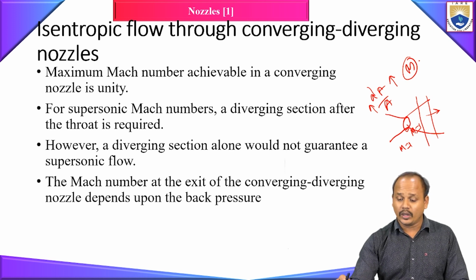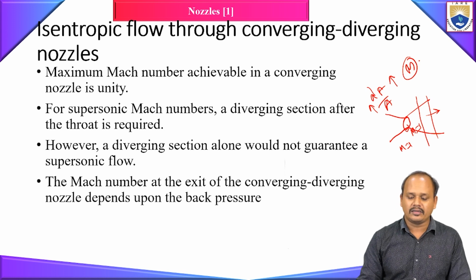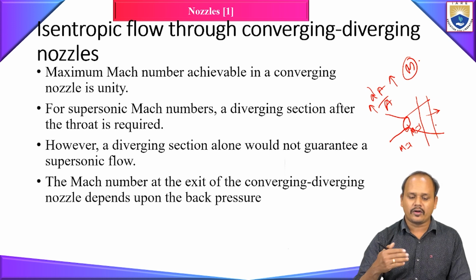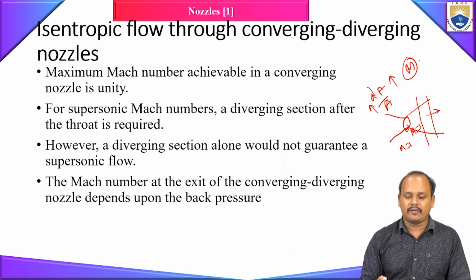Even if you achieve M equal to 1 at the throat location, it is not going to guarantee that you will get supersonic flow at the nozzle exit. There are other conditions that also have to be satisfied if you want to generate supersonic flow at the end of this convergent divergent nozzle. So now we are going to see how we establish supersonic flow through this convergent divergent nozzle.